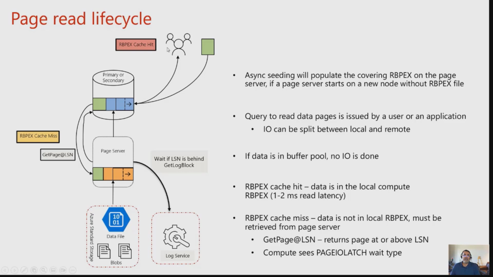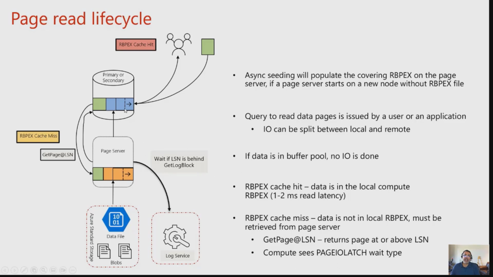So in terms of us having this intelligent cache called RBPEX, it prevents a lot of the page server reads, and so you get ultra fast latency. All the reads from local RBPEX are in the 1 millisecond range, remote reads are in the 2 to 5 millisecond range, and the only time you can get a little more latency is if the page is not caught up to the LSN that you required, because all the log replication is asynchronous.